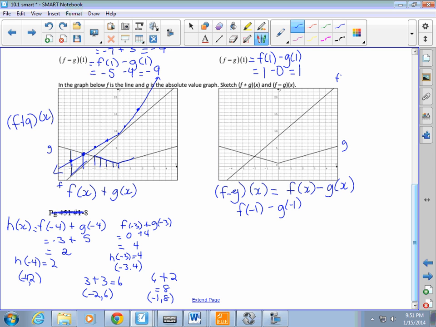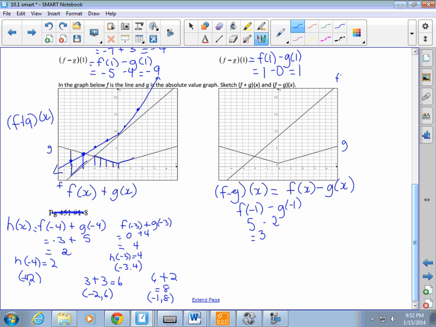I can't count here very well. Oh, there it is. That's why there's 5. When my x value on the g graph was -1, my g value is at positive 2, so it's 5 minus 2, so that's going to be 3.